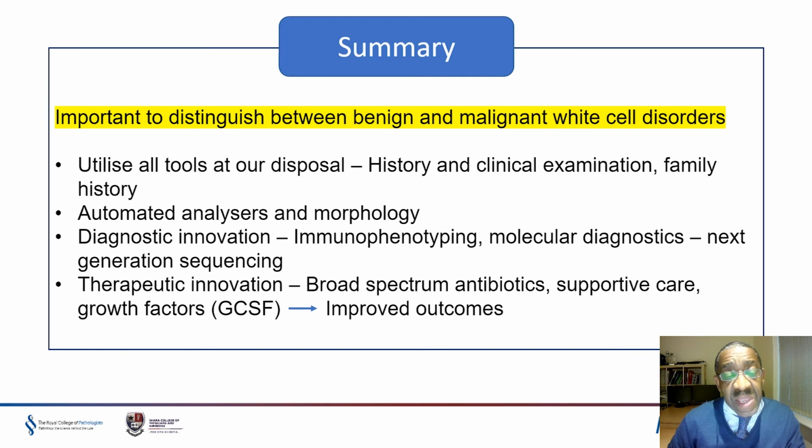We have the advantage of quite sophisticated analyzers, and digital morphology will be increasingly used in the future. The diagnostic innovations of immunophenotyping, molecular diagnostics, and next generation sequencing are going to be increasingly used in diagnosis, but also therapeutic interventions with wider spectrum antibiotics, supportive care, and growth factors such as GCSF all contribute to improved outcomes. So with that, I will end this lecture.